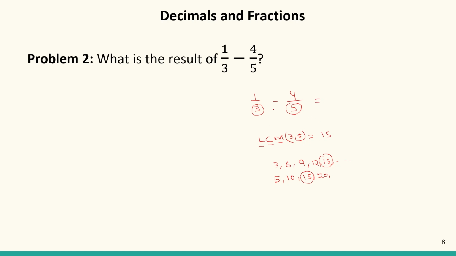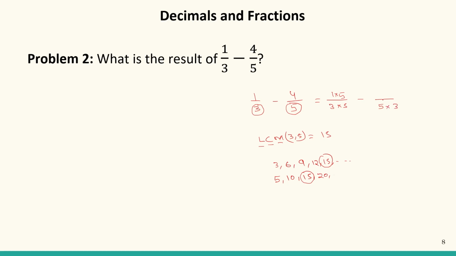Now we need to convert these fractions to denominator 15. How can we make this 15? 3 into 5, and then we multiply the numerator by the same number, that is by 5. For the second fraction, we have 5 in the denominator. How can we make it 15? By multiplying it by 3.